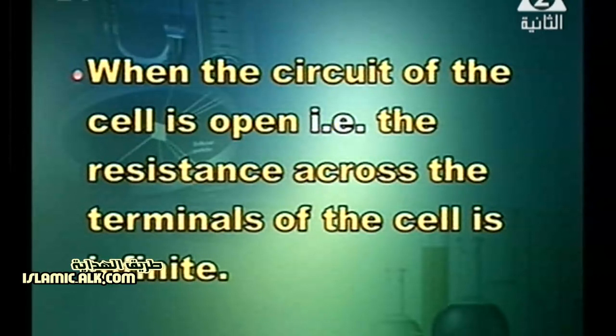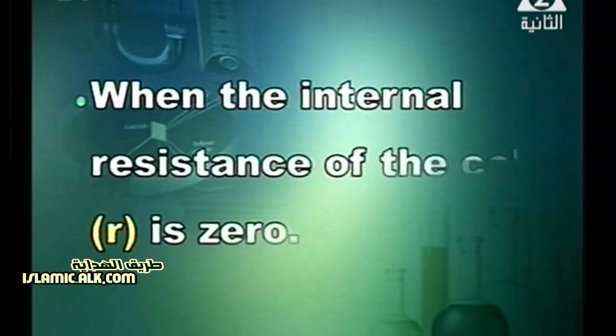No current passes through the battery, then V external is equal to V battery, and no current flows through the circuit. Also, there is another possibility at which V terminal is equal to V battery: when the internal resistance of the cell is equal to 0.